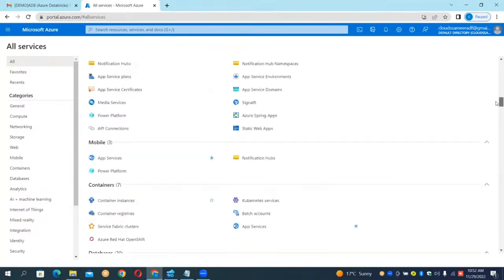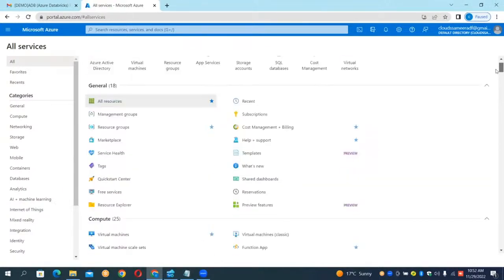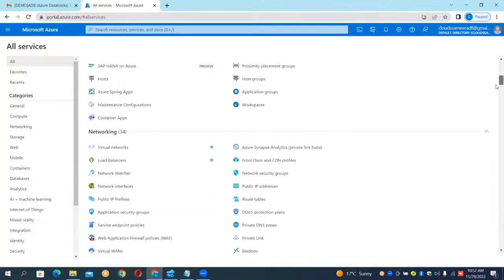These are all the services we have. How many storages? It supports 90 plus storages. Clear, all of you?